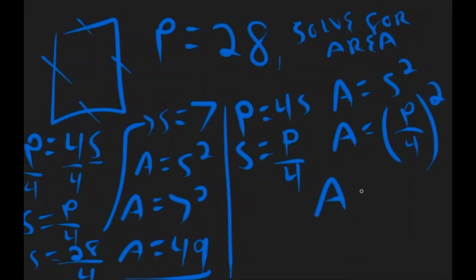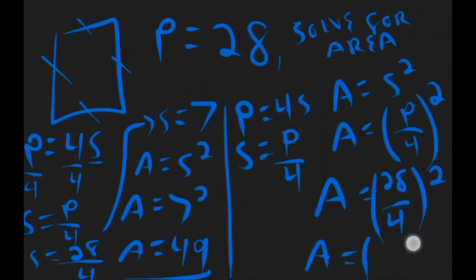So the area would equal 28 over 4 squared. So area equals 7 squared, which, as we defined earlier, area equals 49. So there's 2 ways you can do it. You can do it in 2 steps, or you can do it in 1 step, whatever way you prefer.